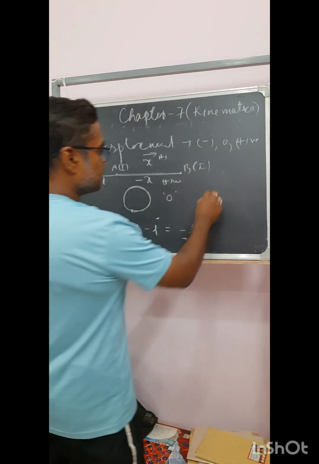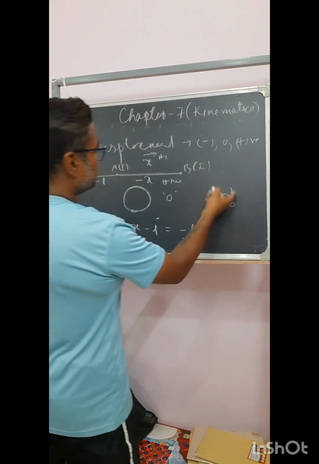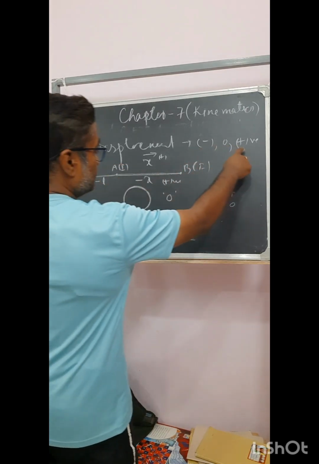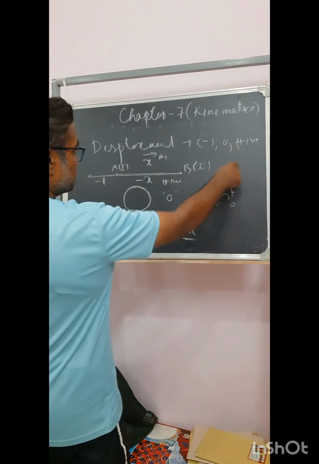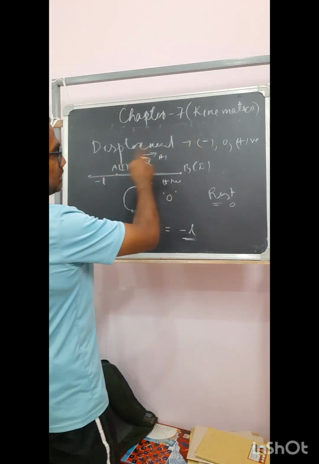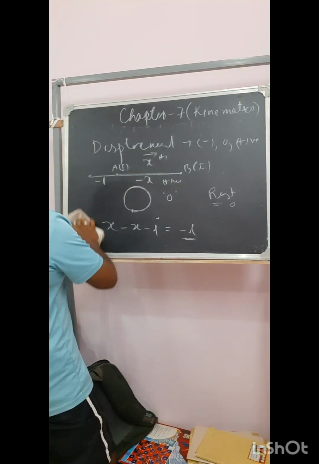In case of rest also, the displacement is zero. So distance and displacement are the same where it is positive or zero. In the negative case, because distance cannot be negative, you cannot compare displacement in that case. Okay, so this is the concept.